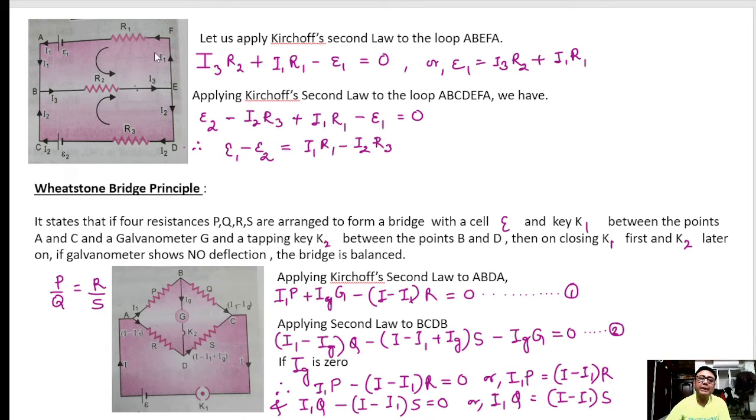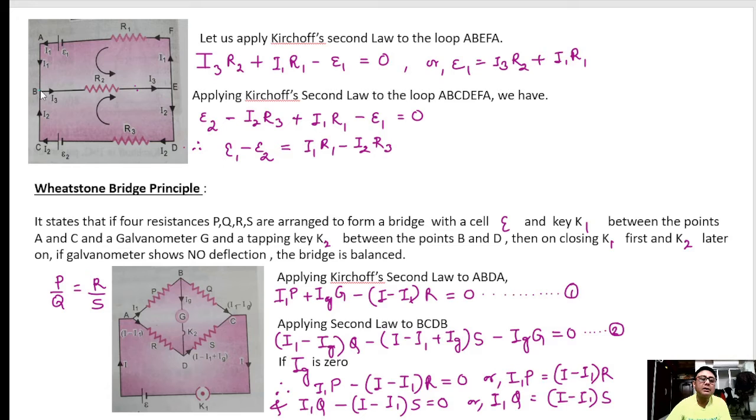So, applying the Kirchhoff's laws in some particular circuits. Let us see. Here we have taken a circuit, as you can see, with an EMF E1 and an EMF E2. This EMF E1 is sending current I1, and the other EMF is sending current I2.